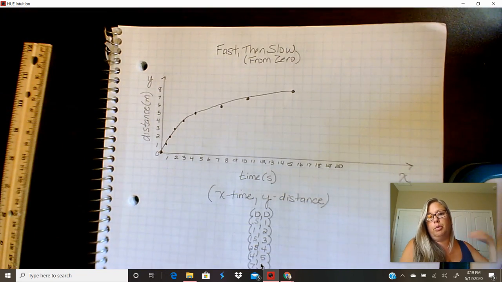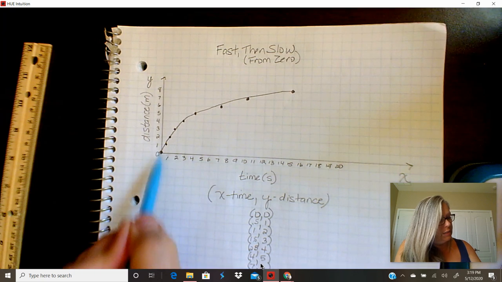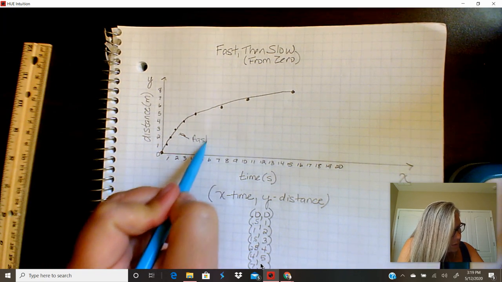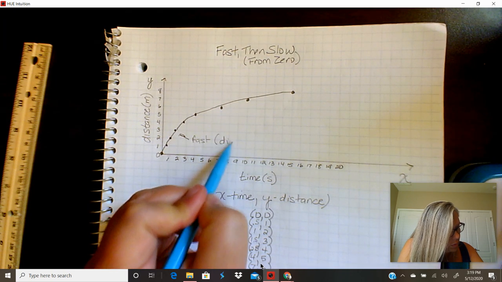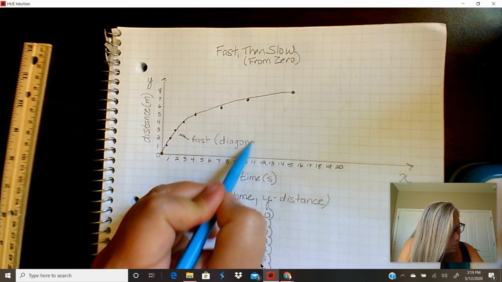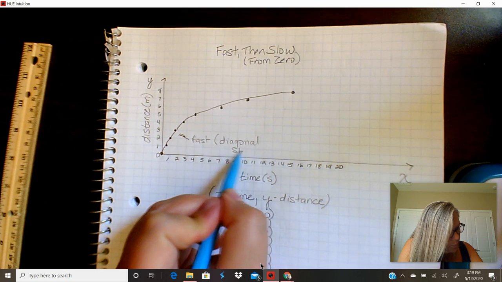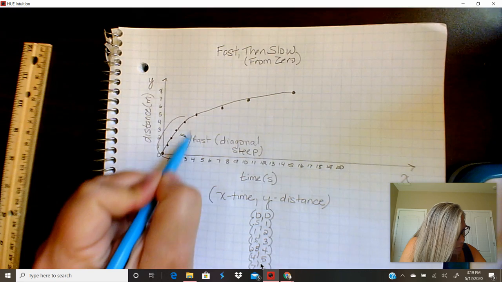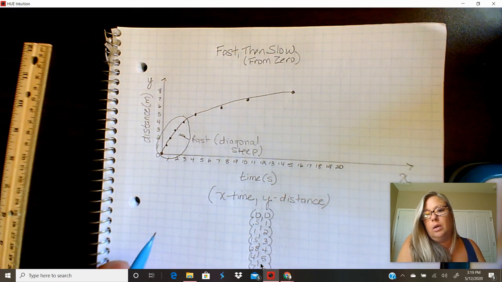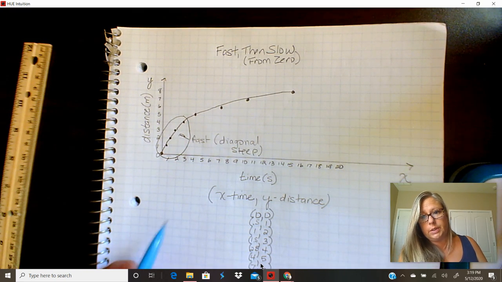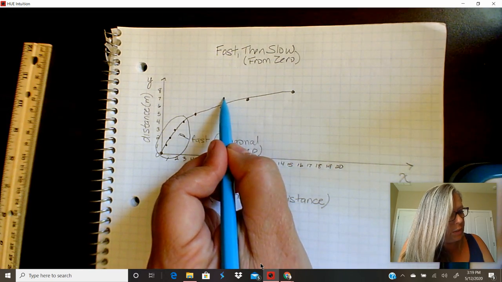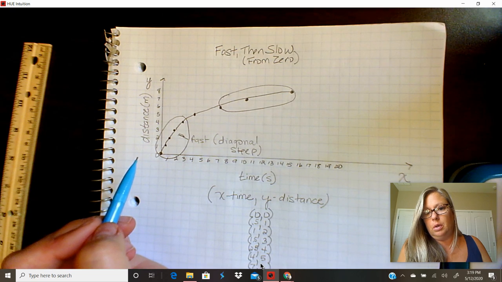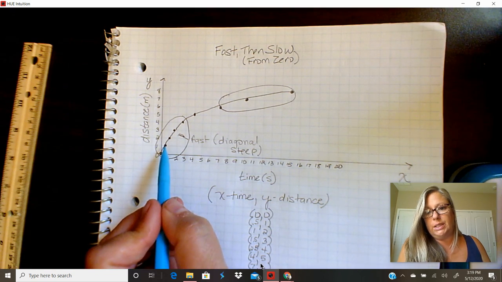All right, so remember on this graph, we're going fast. Right here is a fast speed, and it's fast because the diagonal is steep. See right here? And then all you have to do to tell whether you're increasing or decreasing speed is just to circle about the last third and decide if it's flatter or steeper. We already looked at the front part. That's pretty steep, right?